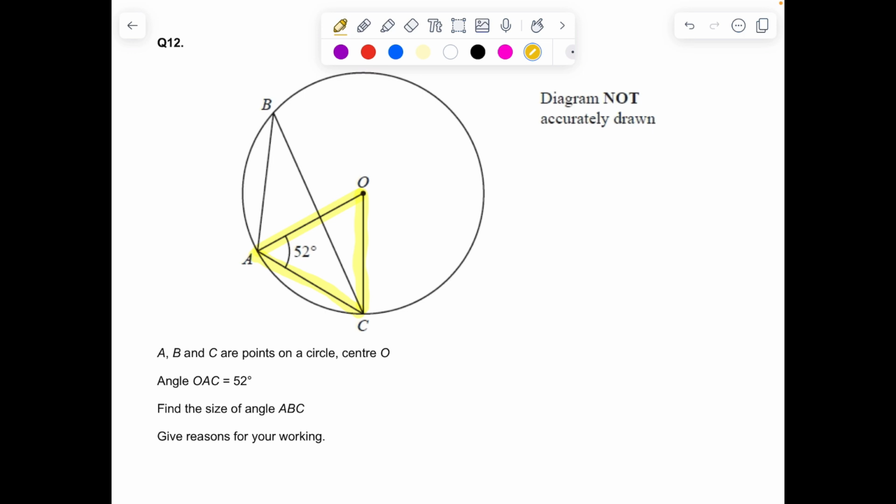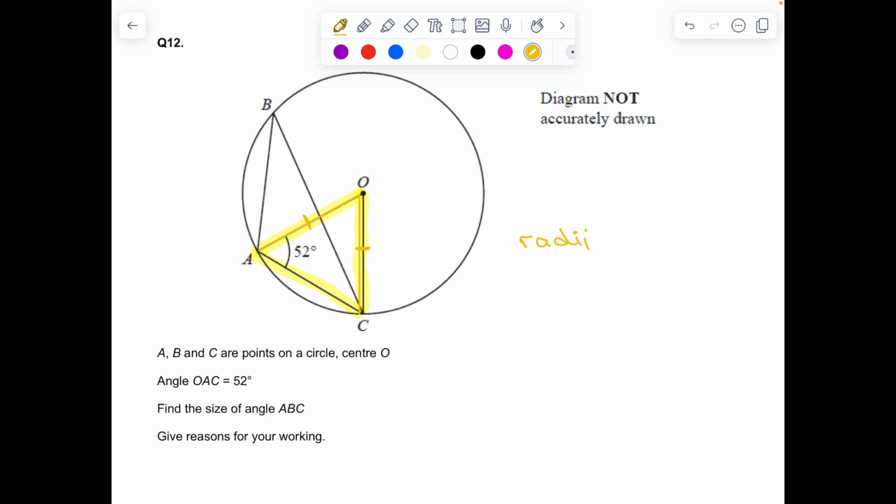So both this side here and this side here are radii. They are both the radius because they come from the centre to the circumference of the circle. So from the centre to the circumference, centre to the circumference. So they're both radius. They should be the same length.